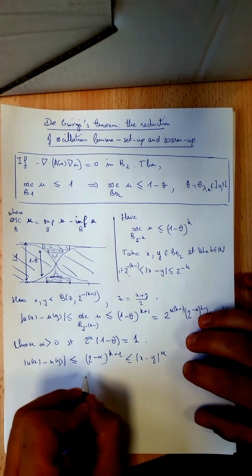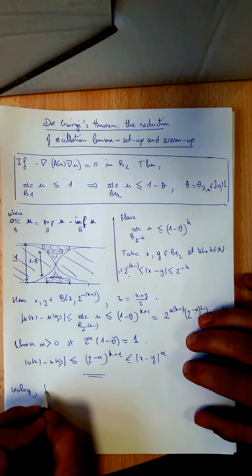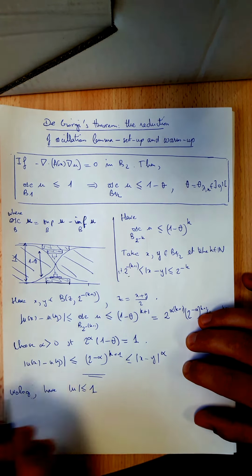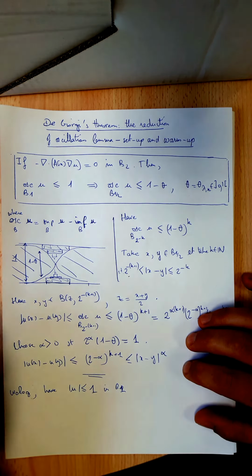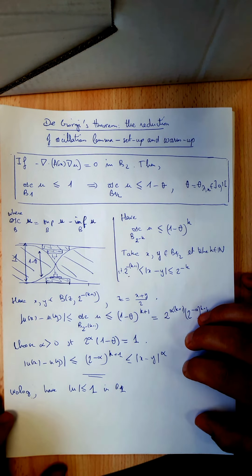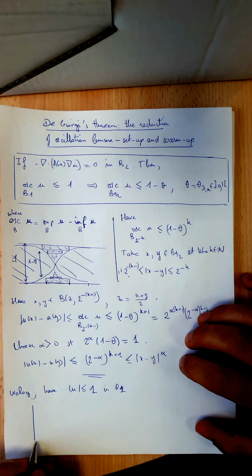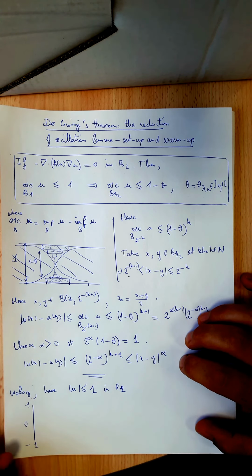So first, without loss of generality, we can assume that u is bounded by 1 in absolute value in B1. Really, we could say it's bounded by 1/2, since we already know that the oscillation of u is less than 1. And so the picture is the following. On the values of u, you have minus 1 and 1 here, and the average value being 0.